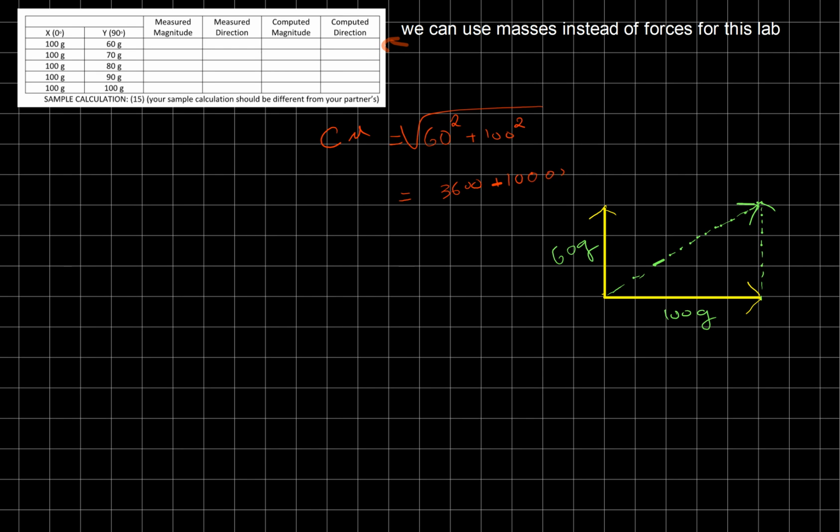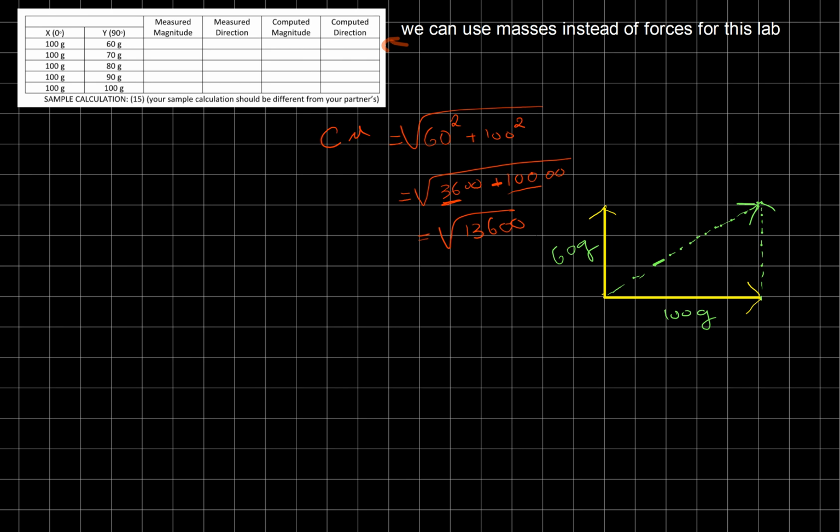The reason why I wrote it this way is because the significant digits here go up to the 100, so the ones and the tens are not significant. When you add them up, you're going to end up with 13,600, and those are all significant.